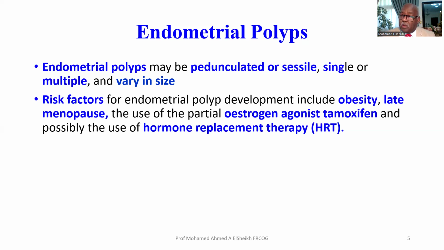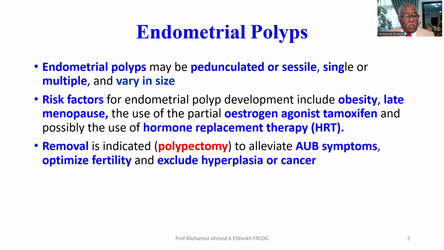The risk factors for endometrial polyps include obesity, late menopause, the use of tamoxifen, and possibly in some cases hormone replacement therapy. Removal is indicated once it causes symptoms, especially to alleviate abnormal uterine bleeding symptoms and to optimize fertility.